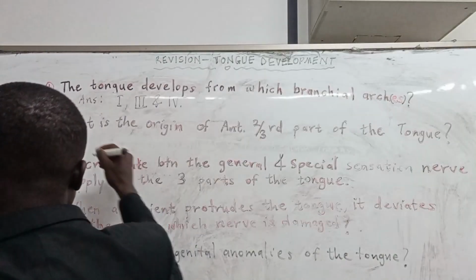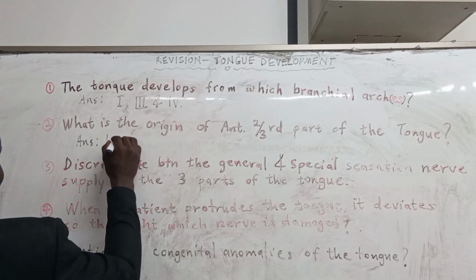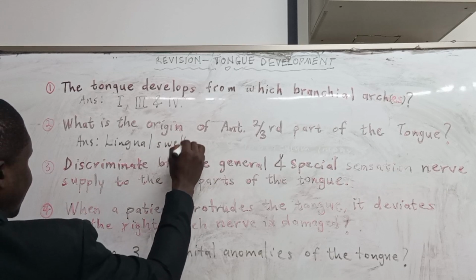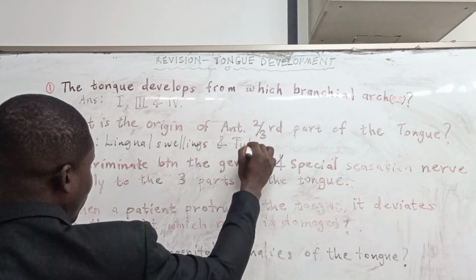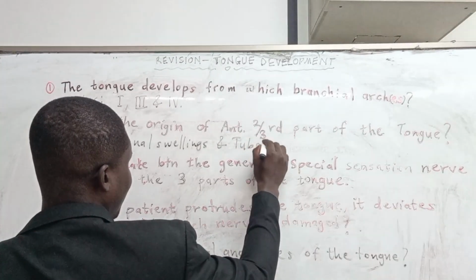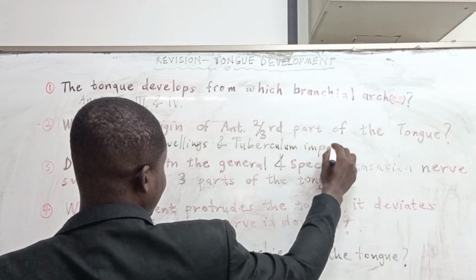So your answer should be the lateral lingual swellings, and then, of course, the tuberculum impar.